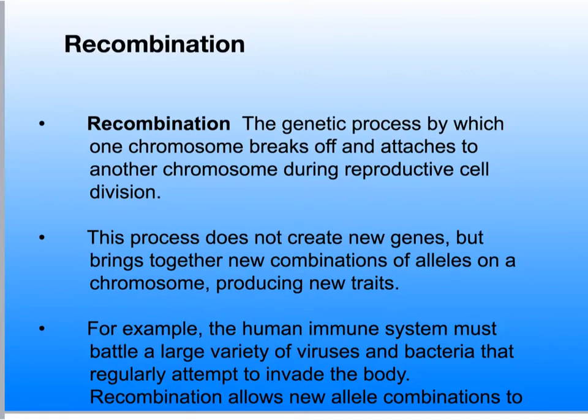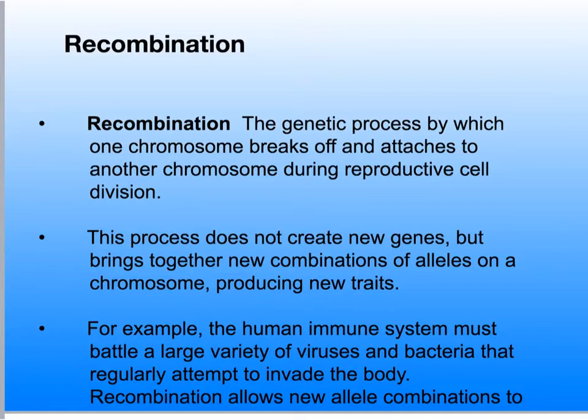Genetic diversity can also be created through recombination. In plants and animals, genetic recombination occurs as chromosomes are duplicated during the reproductive cell division cycle, and a piece of one chromosome breaks off and attaches to another chromosome. This process does not create new genes, but it does bring together new combinations of alleles on a particular chromosome, and therefore it can produce new traits.